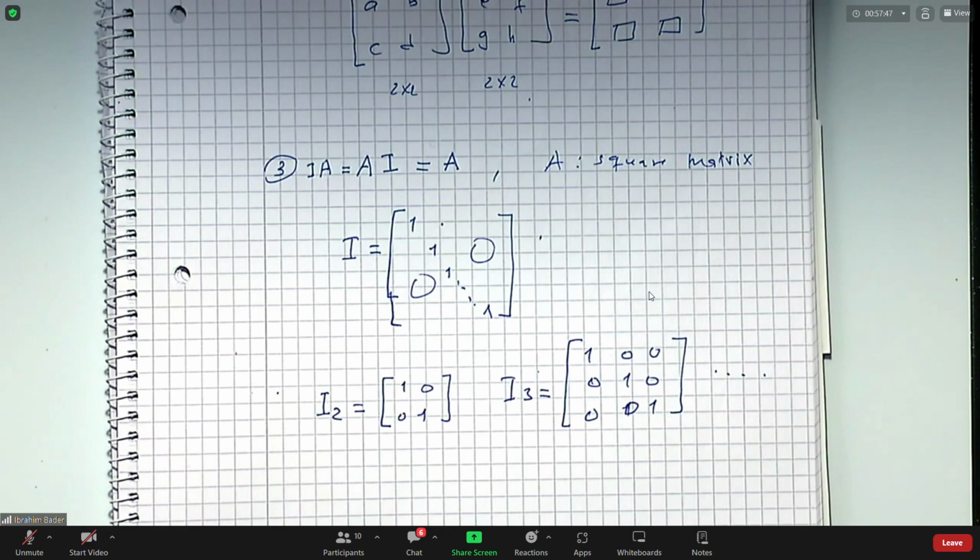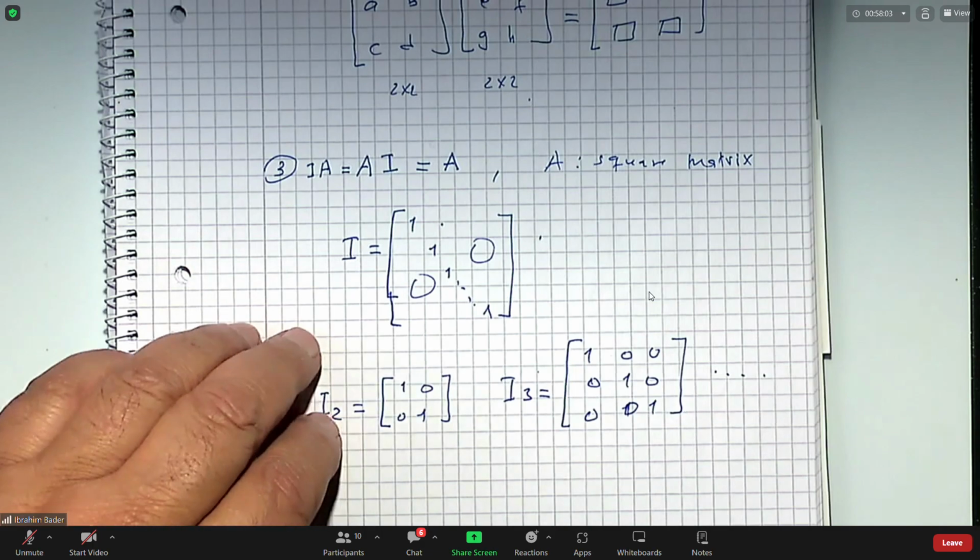Okay, now let's talk about what is the inverse of a matrix. This is the tough topic. What is the inverse of a matrix?